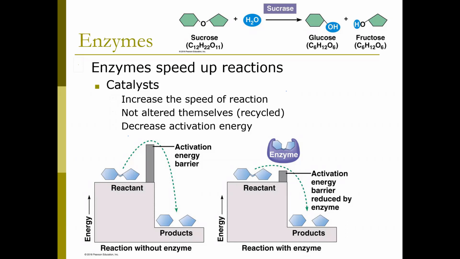Exergonic reactions do occur, but sometimes they need a little push to get that activation energy barrier lowered so that they can be sped up. Enzymes are the ones that lower that activation energy. So they speed up the reaction by lowering the activation energy.